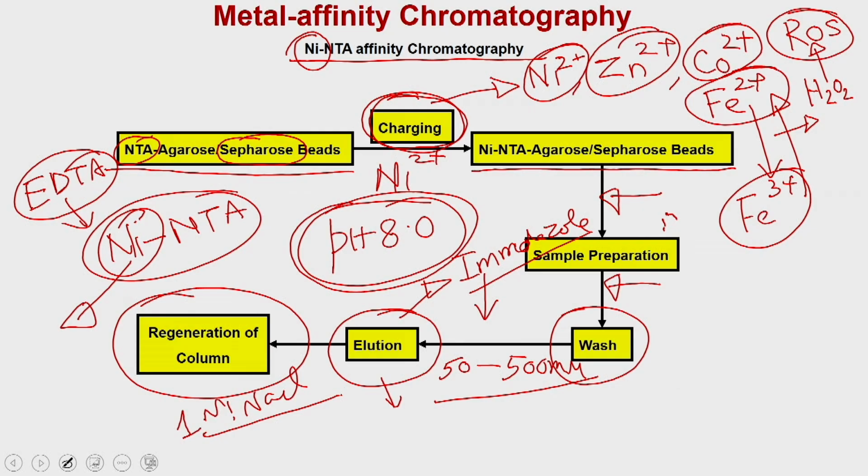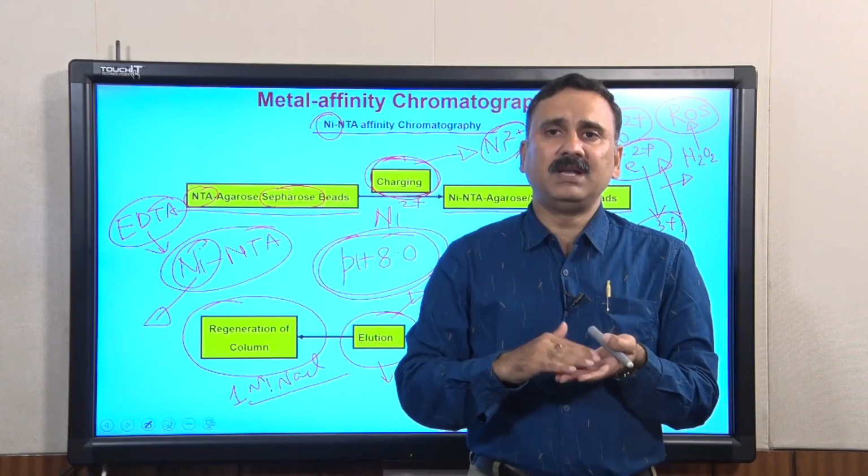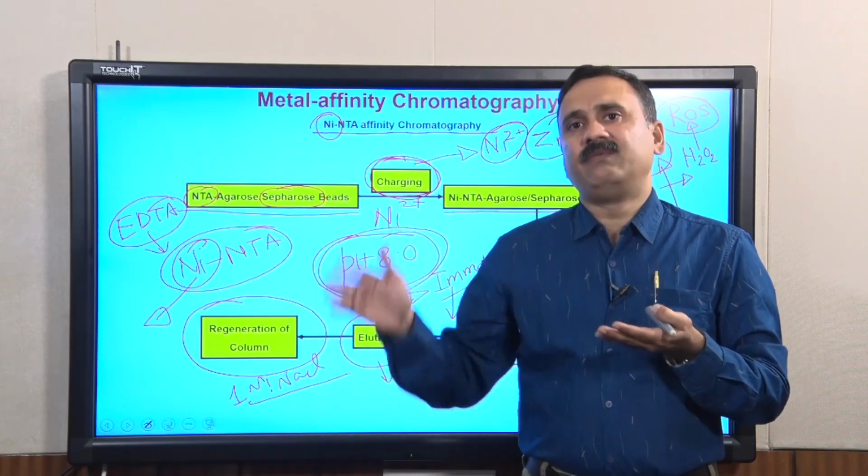Since we are doing the charging step, where you are loading the nickel onto the beads, you also need to perform the stripping step, because even though the nickel is present on the matrix, sometimes its binding efficiency gets compromised, or the amount of nickel bound is going to be reduced with every purification cycle.